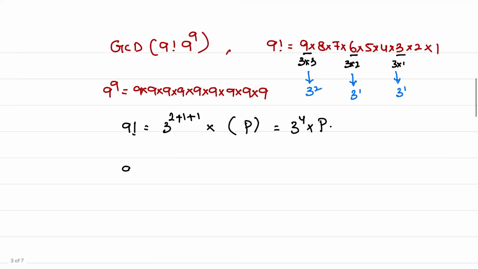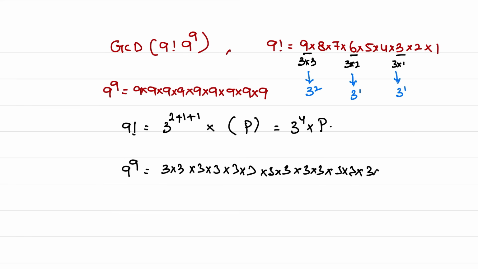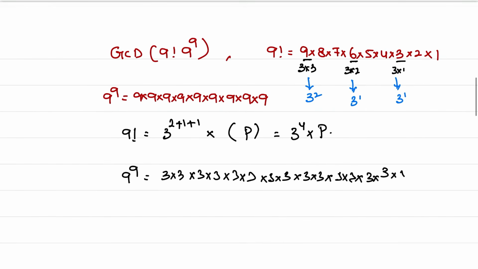Now, what is 9 to the power of 9? 3 square, 3 into 3 into 3 into 3 into 3 into 3, counting 1, 2, 3, 4, 5, 6, 7, 8, 9.